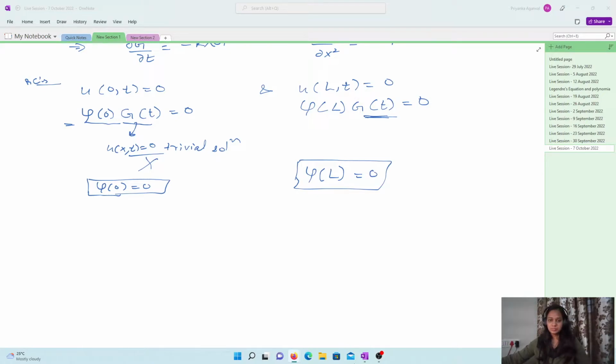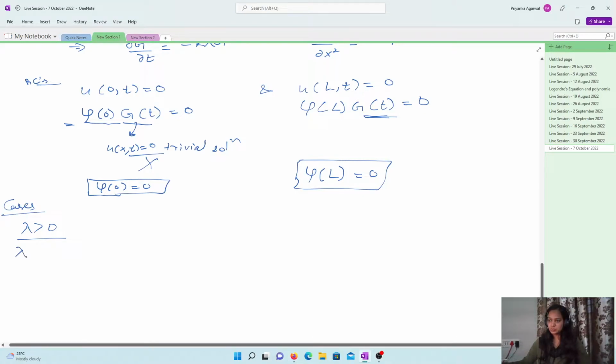Now we have to solve this equation for several cases, and so let's say there are three cases, where lambda could be greater than 0, lambda could be equal to 0, and lambda could be less than 0.